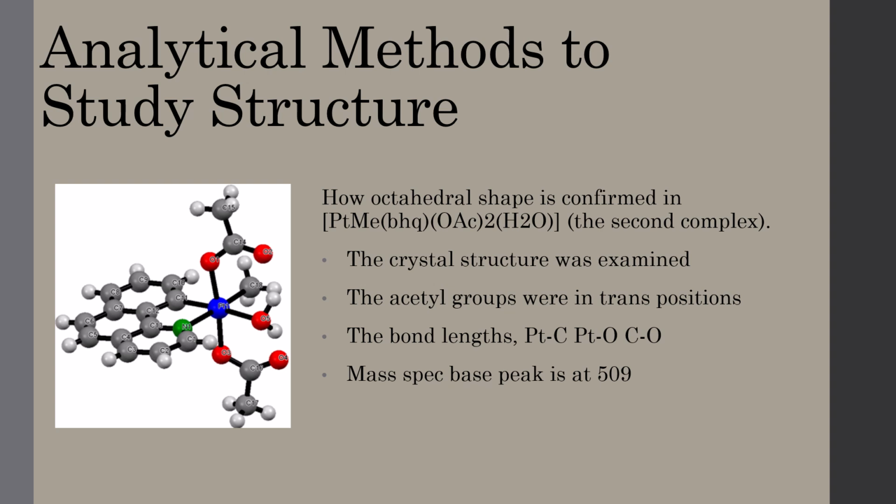It was found that the acetyl groups were in fixed trans positions on either side of the metal, which was expected, and then you could also look at the bond lengths. They were examined and found to be comparable to other trans ligands that were in similar shapes, so other platinum-carbon, platinum-oxygen ligand bond lengths, and then other carbon-oxygen bonds in acetyl groups.